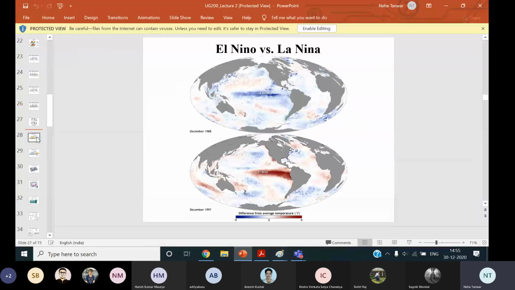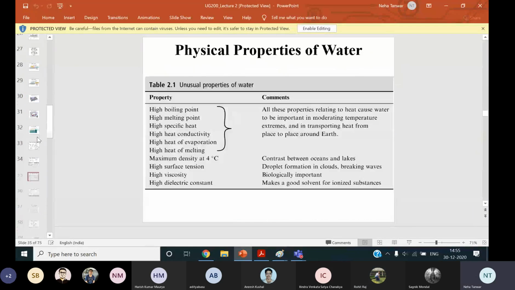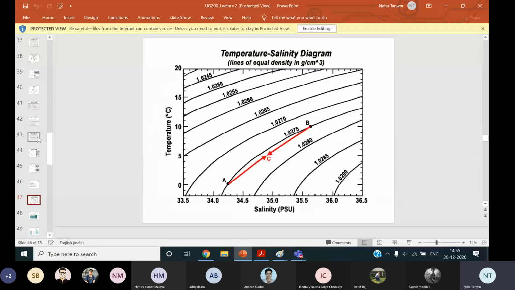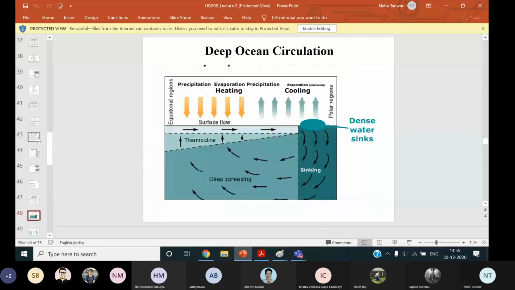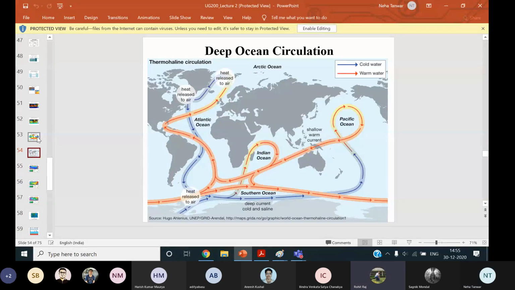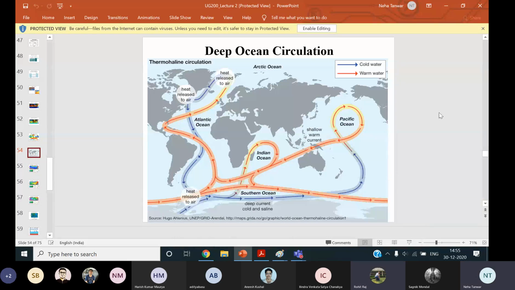Let's move to Sir's slides. Did you guys understand the deep water formation, or should I go through it quickly? All of you understand the deep ocean circulation?